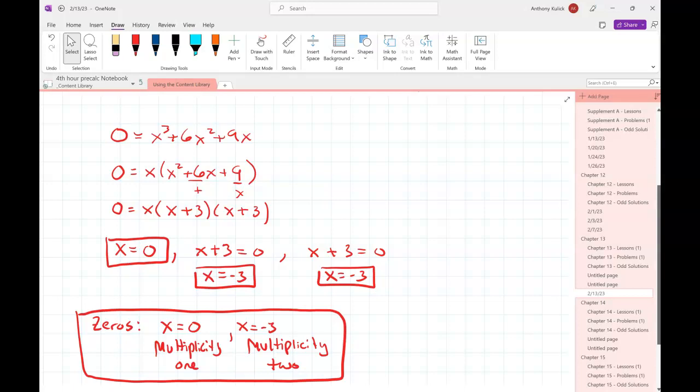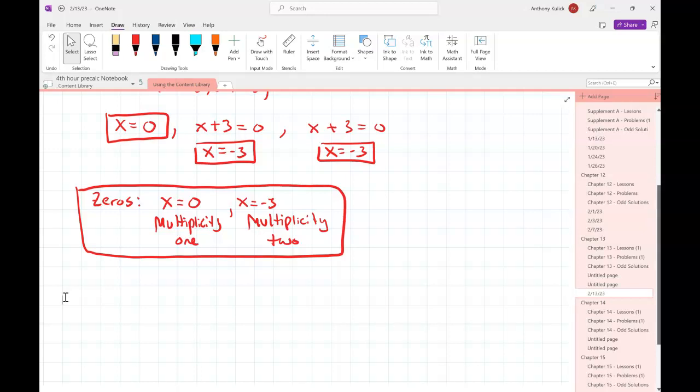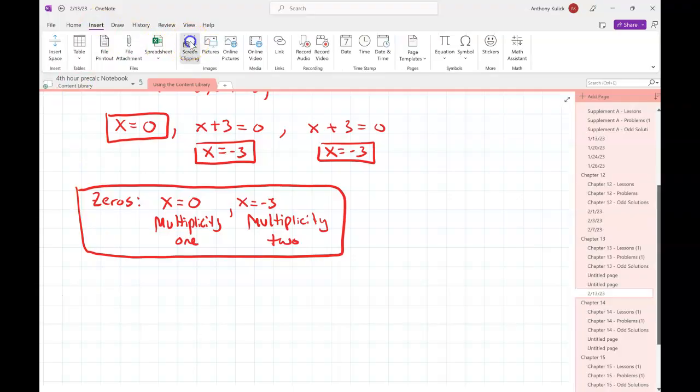Everybody okay with that? Now, would it be nice to be able to predict by looking at a picture whether I should be expecting a multiplicity or not? Would you like that? Yeah, that'd be quite helpful. So let's talk about how to do that.